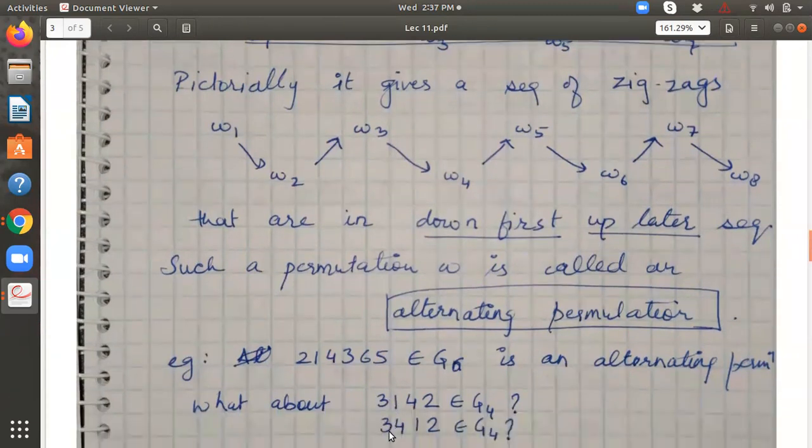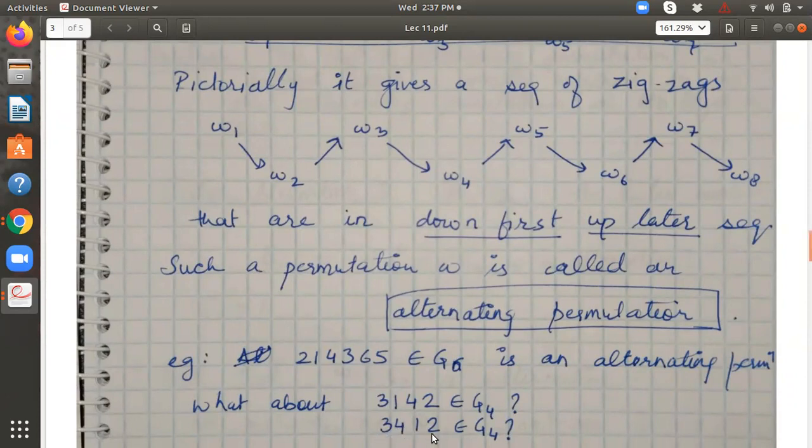Another example, if I just switch two elements in between, 3, 4, 1, 2. Again, I have this bigger than this, smaller than this, bigger than this. So this is also a zigzag, but a different kind of zigzag. Not down first, it's up first and down later. The first element is smaller than the second one.